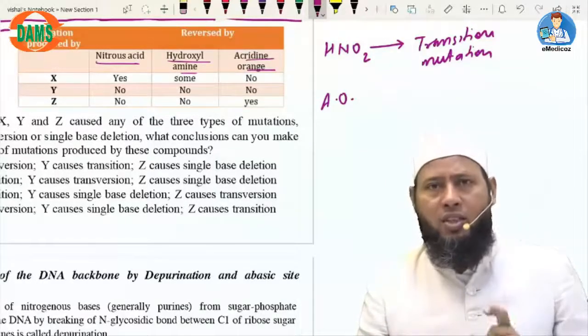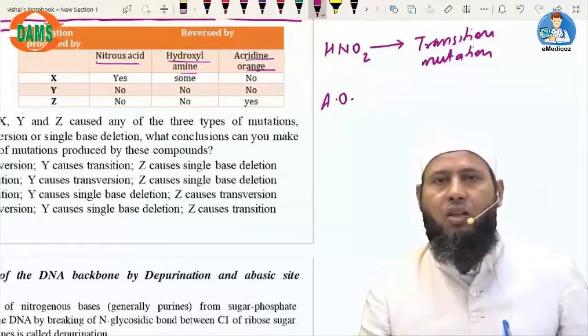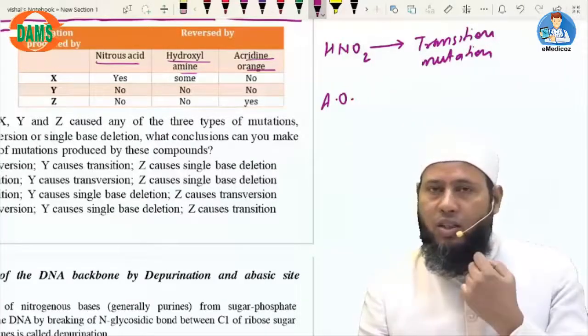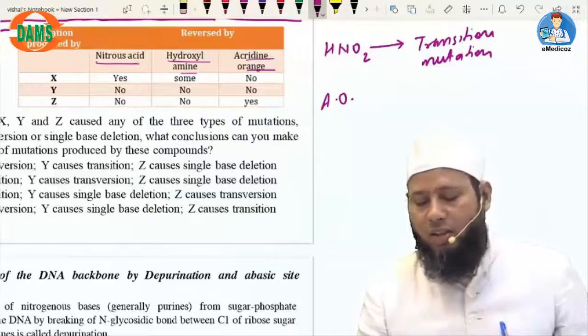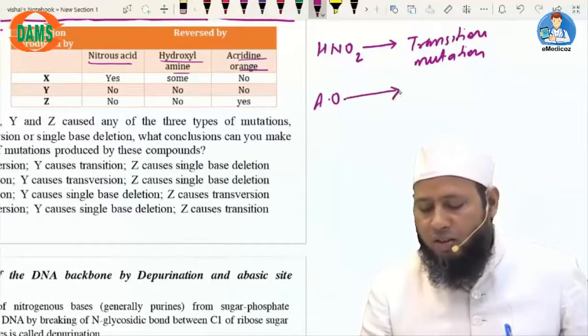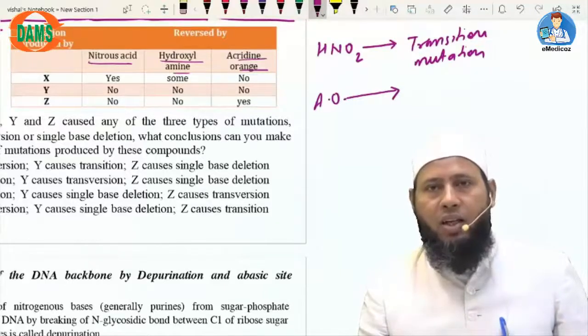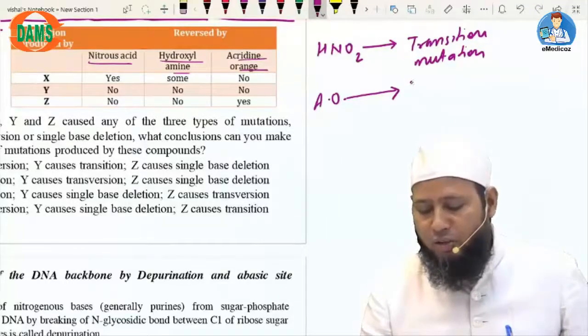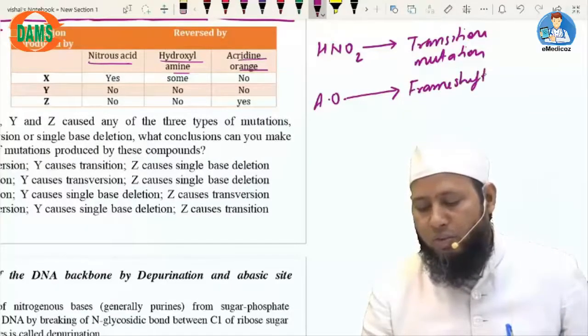We also know that a DNA intercalator generally induces the addition or deletion of a nucleotide, which results in a frame shift mutation. Acridine orange, similarly proflavine and ethidium bromide, all induce frame shift mutation.